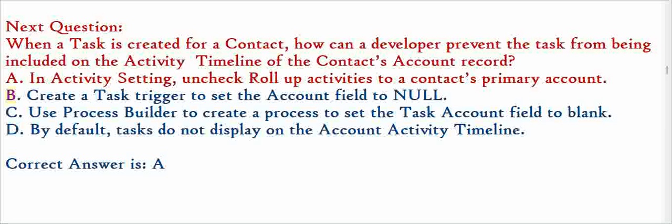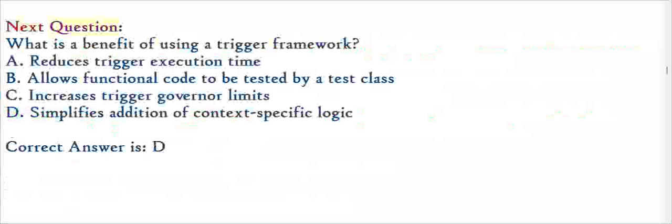B. Create a task trigger to set the account field to null. C. Use Process Builder to create a process to set the task account field to blank. D. By default, tasks do not display on the account activity timeline. Correct answer is A. Next question.